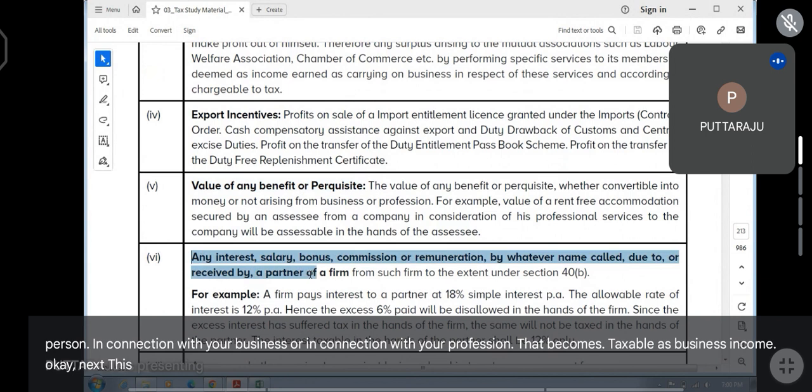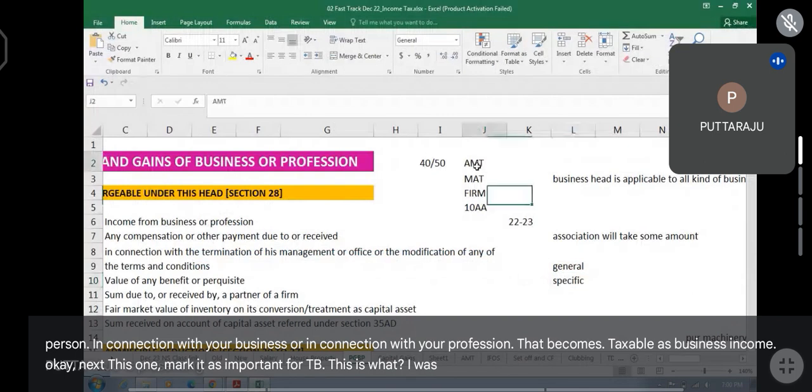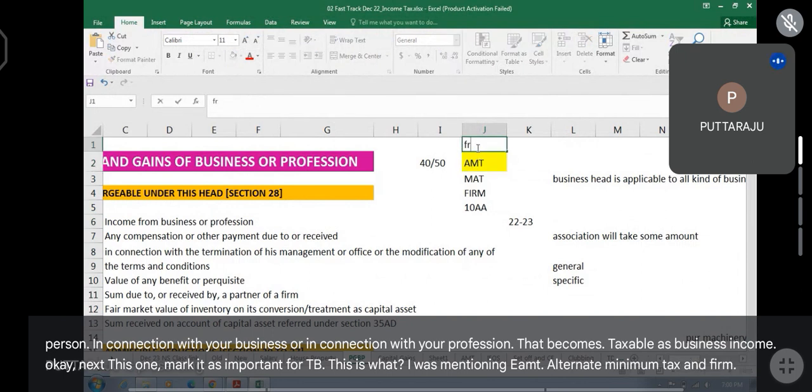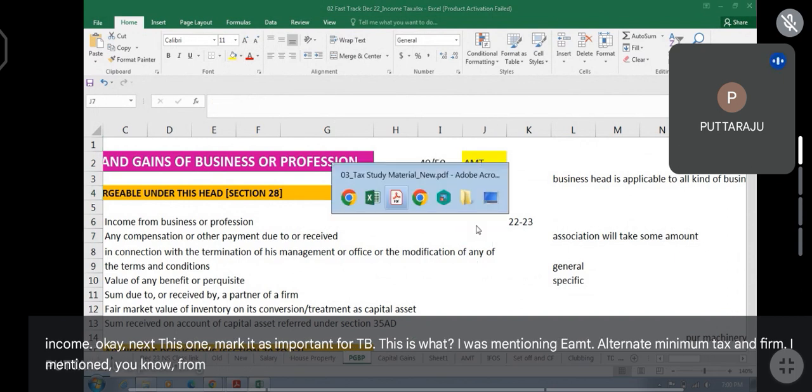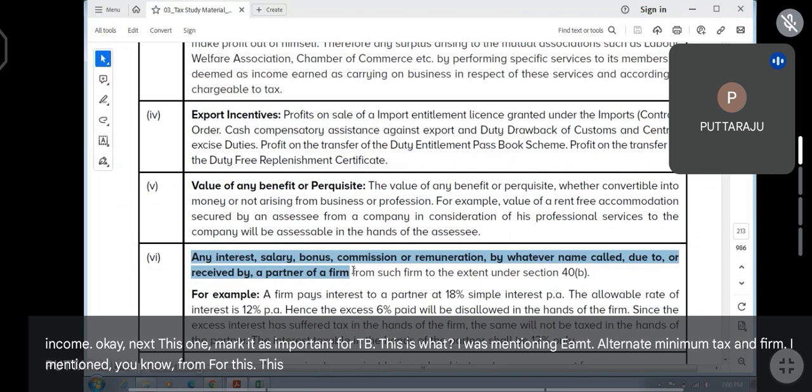Next, mark this one as important, 40B. This is what I was mentioning, AMT, alternate minimum tax and firm. I mentioned here no firm. For this, section 40B is applicable.